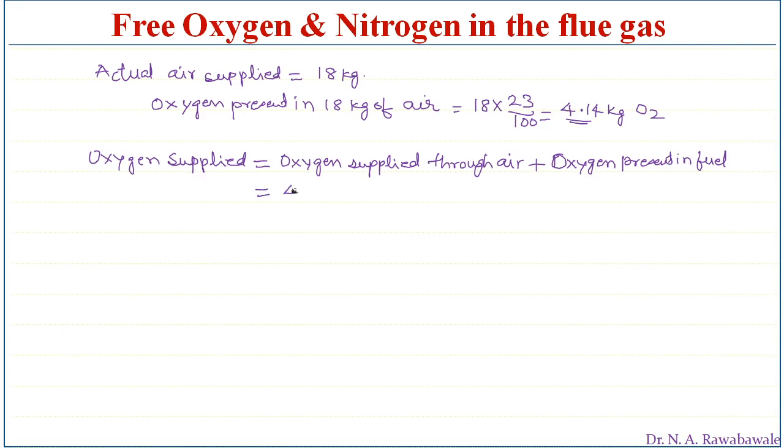So 4.14 kg of oxygen goes along with the 18 kg of air, plus the oxygen present in the fuel is 4%, meaning 0.04. So the total oxygen supplied works out to be 4.18 kg.